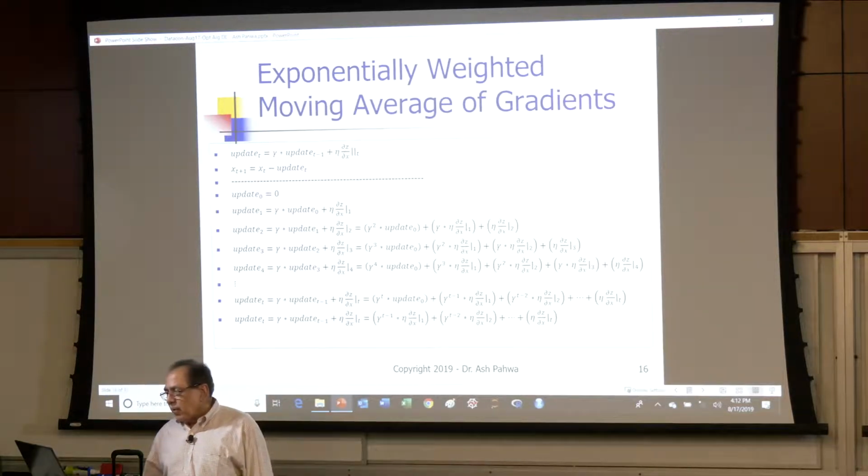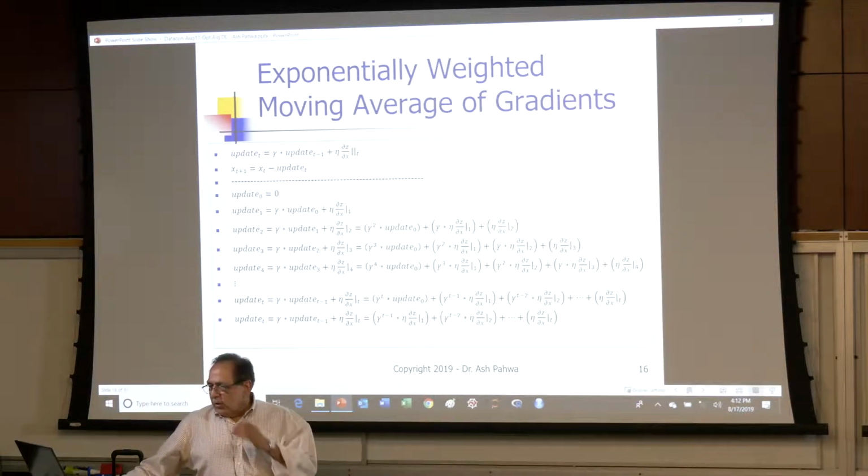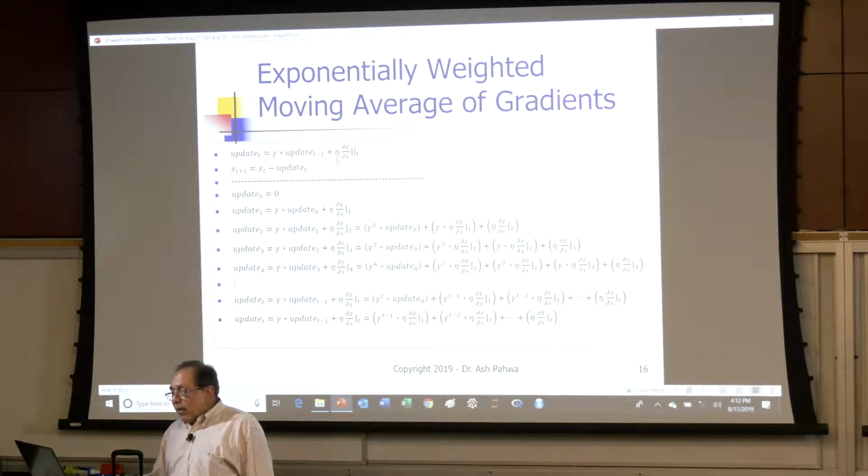It is very simple. The new value of my update is equal to the previous value of my update multiplied by gamma, which is also one of the hyperparameters, plus eta multiplied by the derivative, and x t plus 1 is equal to x t minus update.